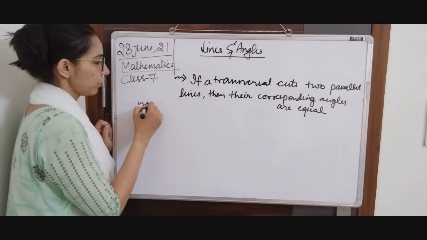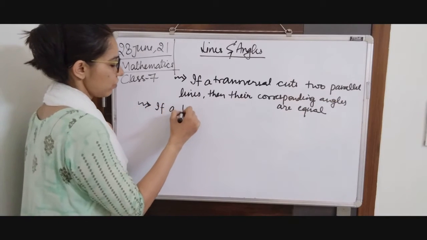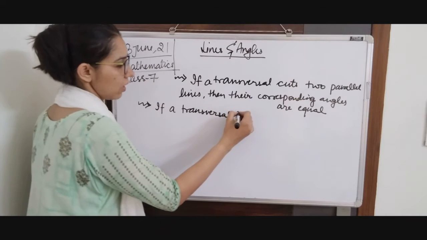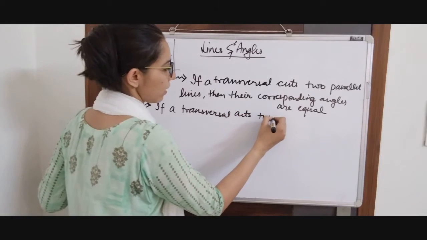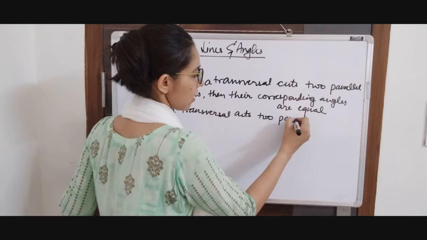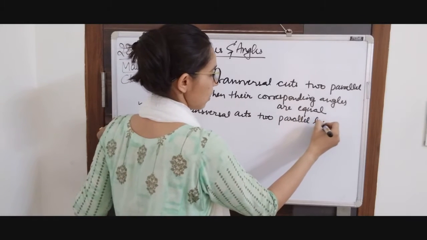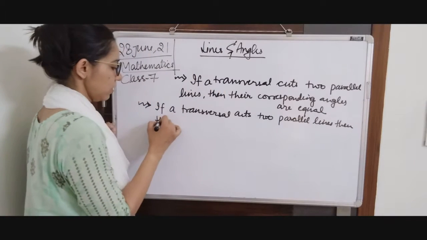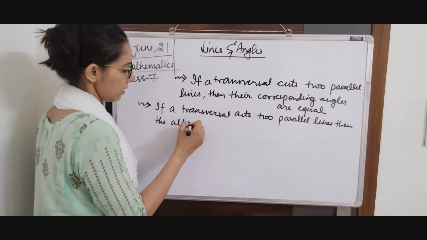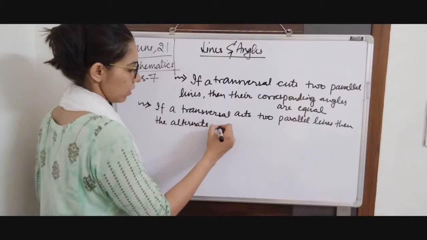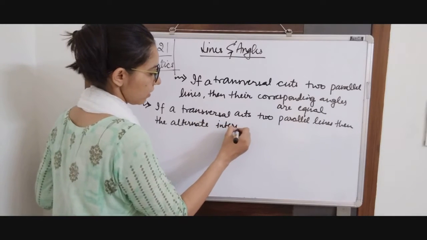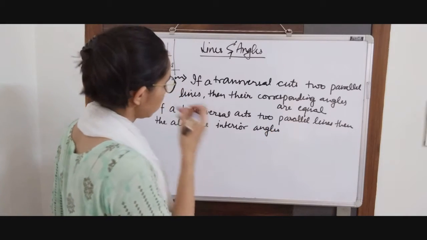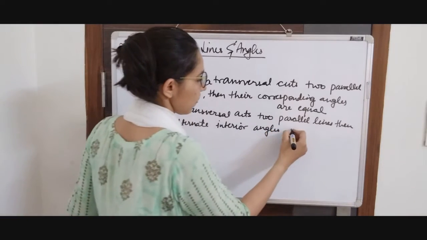The second property was: if a transversal cuts two parallel lines, then the alternate interior angles are equal.